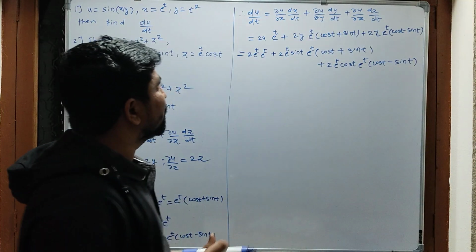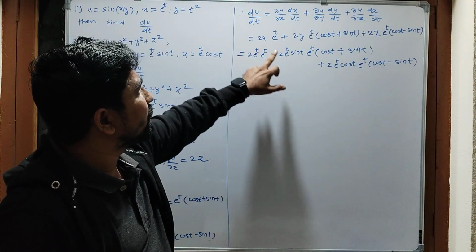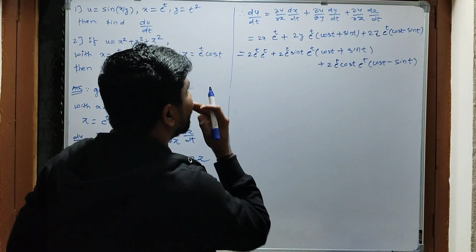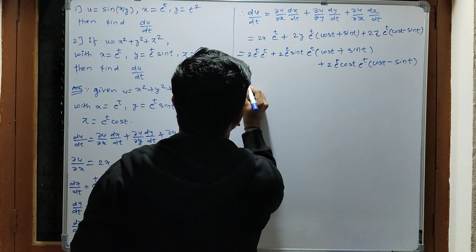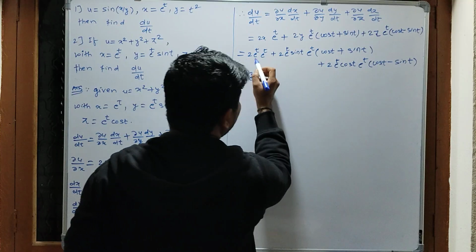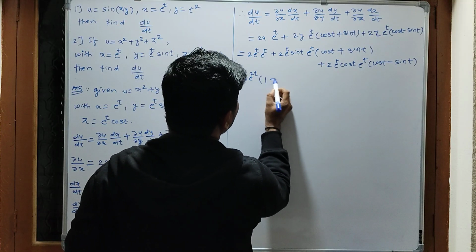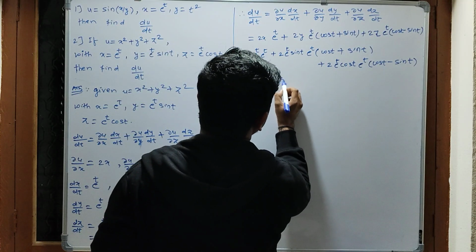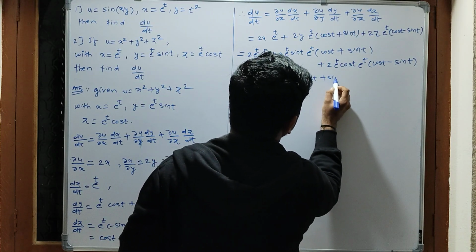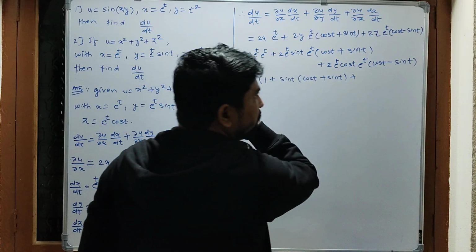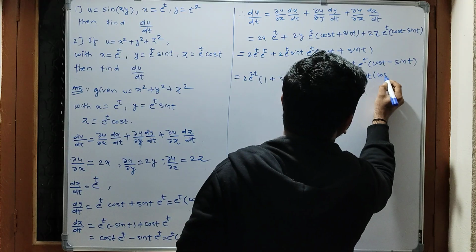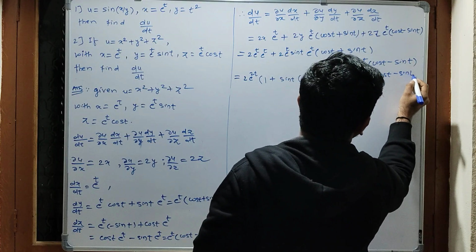Now just observe one thing: e to the power t, e to the power t, e to the power 2t; e to the power t, e to the power t, e to the power 2t; e to the power t, e to the power t, e to the power 2t. So take 2 times e to the power 2t common: 1 plus sin t in bracket cos t plus sin t, plus cos t remains, cos t in bracket cos t minus sin t.